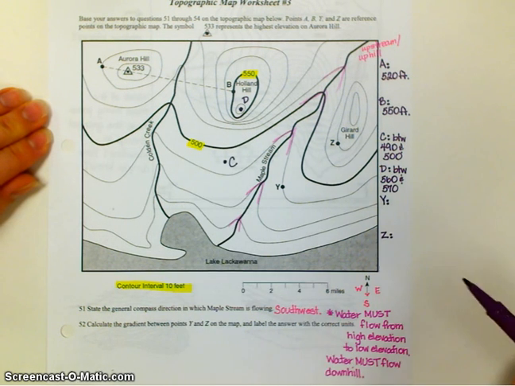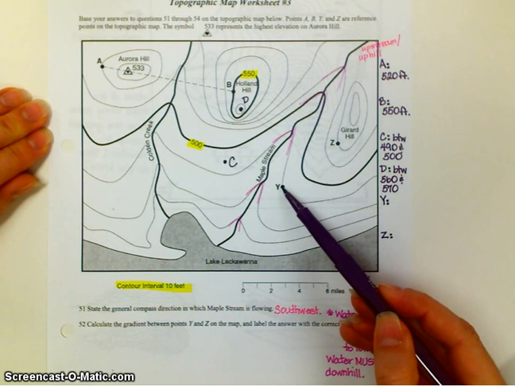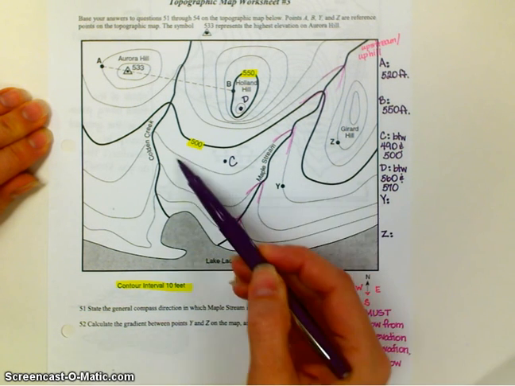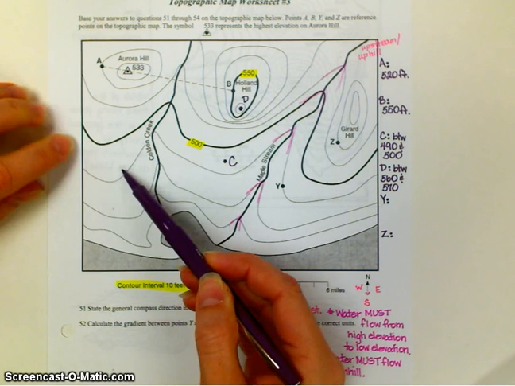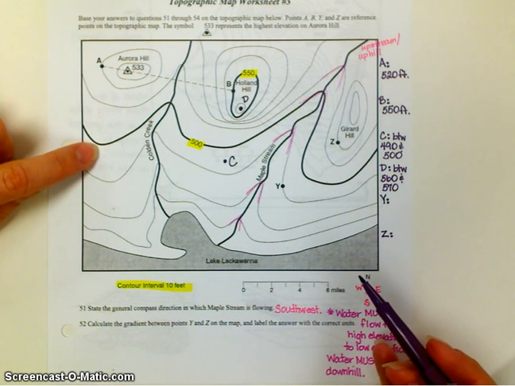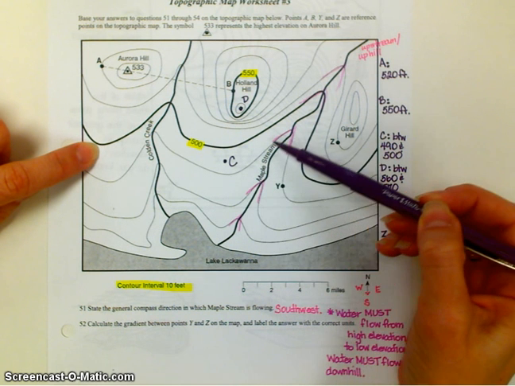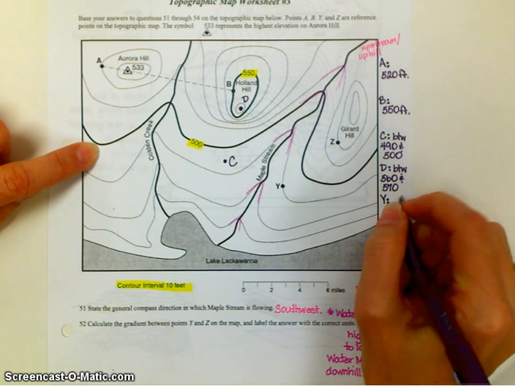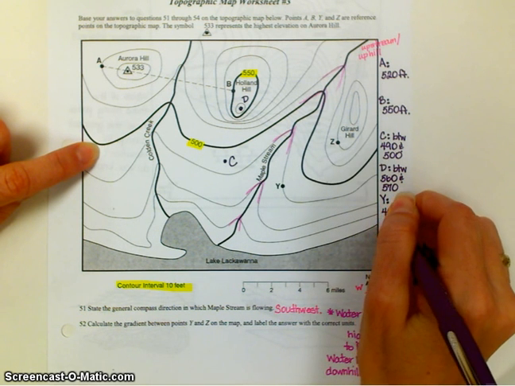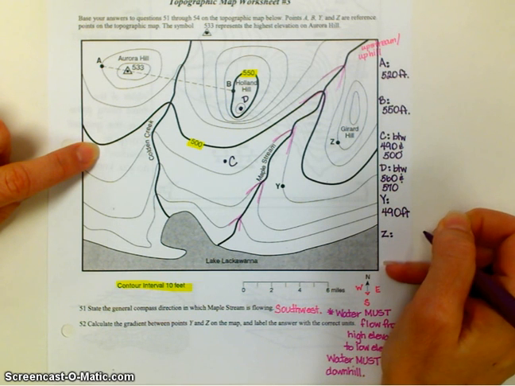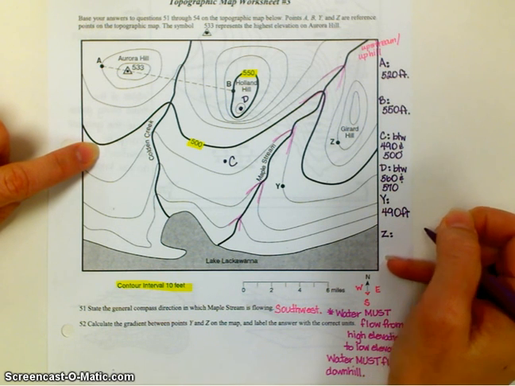All right, now let's find point Y. Point Y is on this contour line, and if you follow it all the way around, you can see that it is one contour line less than the 500. So if this one's 500, then the line that Y sits on is 490. And I know that Y is at exactly 490 because Y is on the contour line.